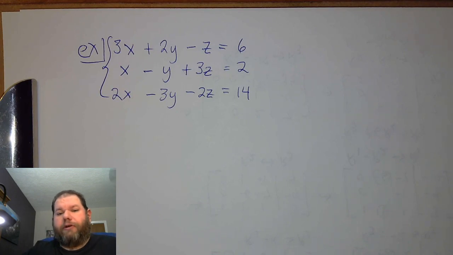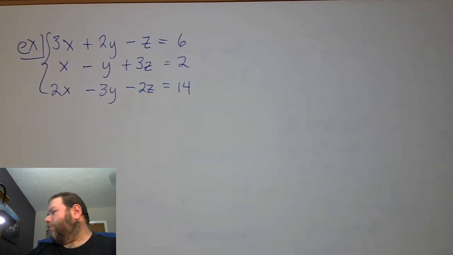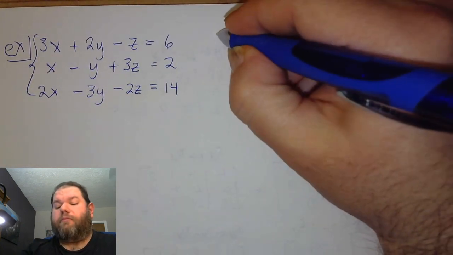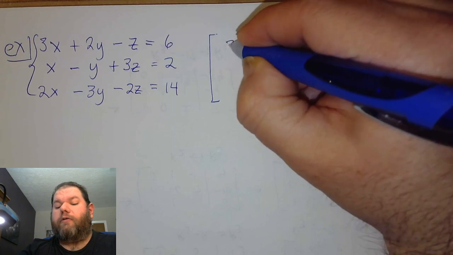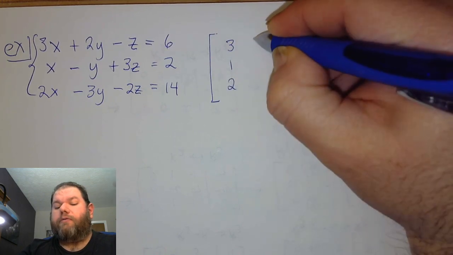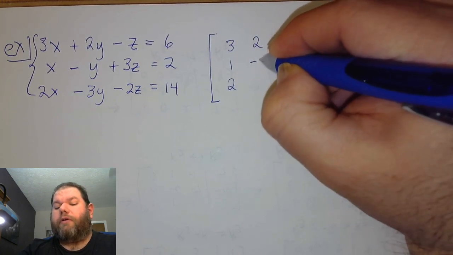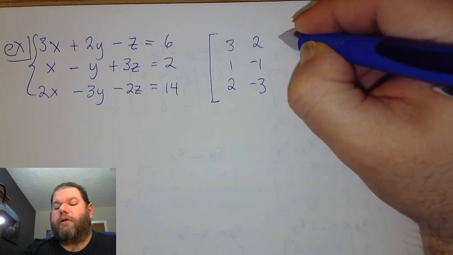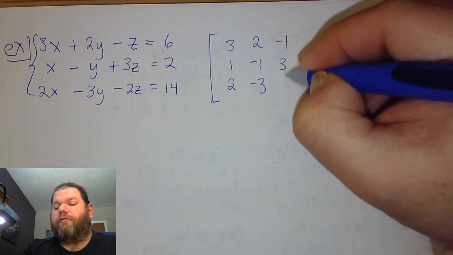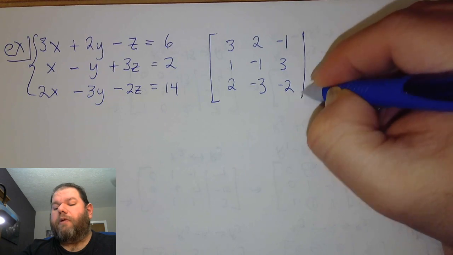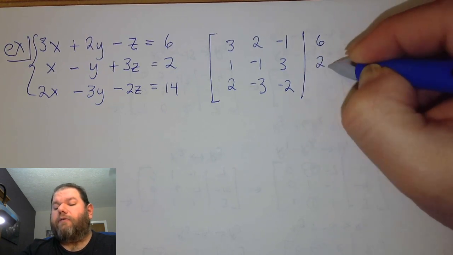Now we go ahead and create our matrix for this system. So 3, 1, 2, 2, -1, -3, -1, 3, -2, and then 6, 2, and 14.